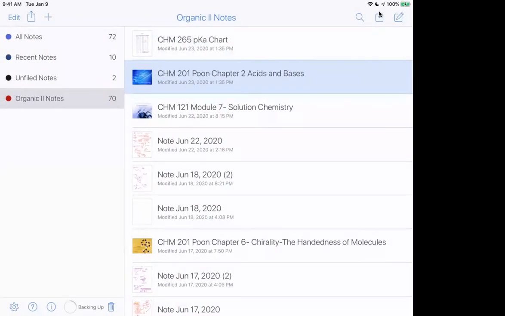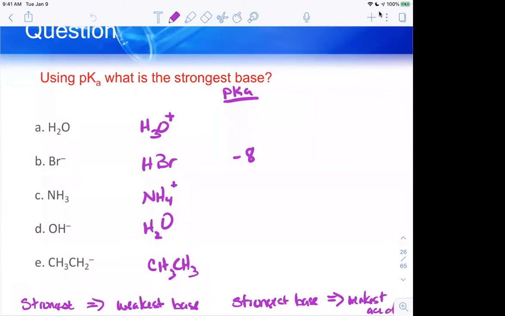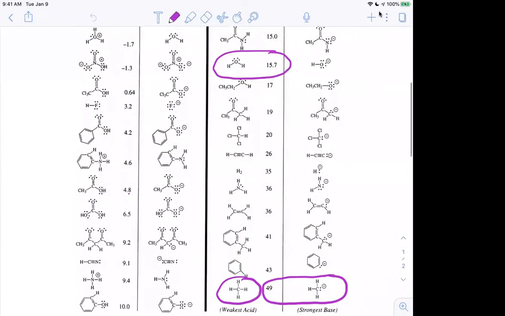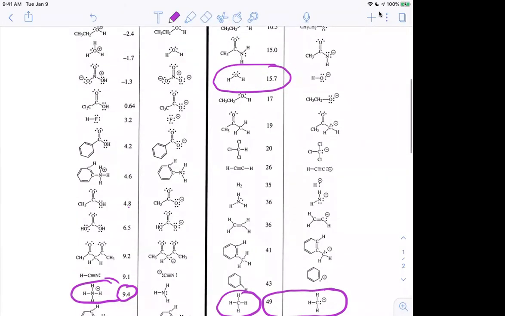So when I look back at this, water is going to be 15.7. My alkane is going to be 49. I still have ammonium and hydronium. So when I look at this, ammonium is going to be 9.4 and hydronium is going to be -1.7.